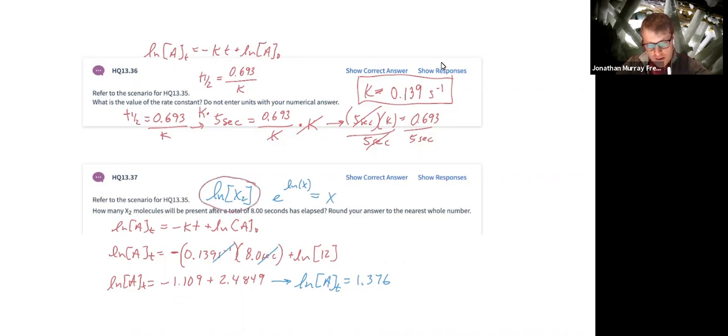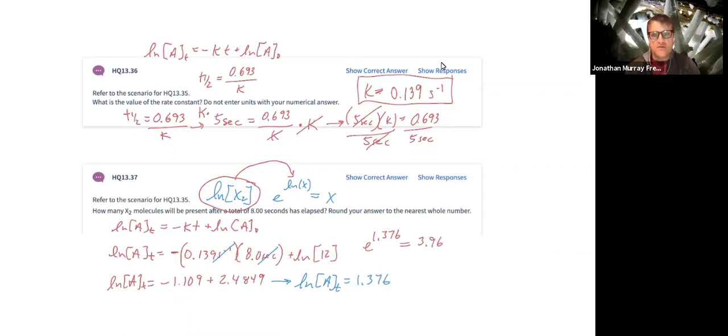We know ln of x equals 1.376. So e raised to the ln of x equals x, and in this case, x is our concentration. This is little e. So e raised to the 1.376 equals a concentration of approximately 3.96.